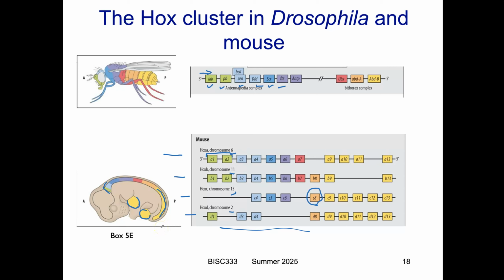Now, in mice and humans as well, if you mutate one of these genes, you often will only see a very subtle defect because they tend to have somewhat overlapping expression patterns and functions.